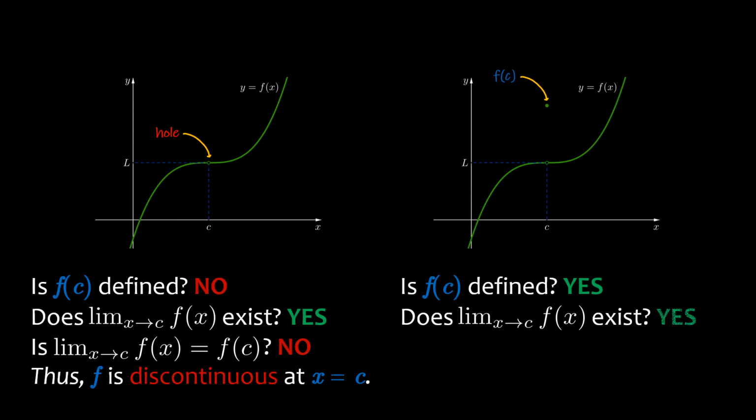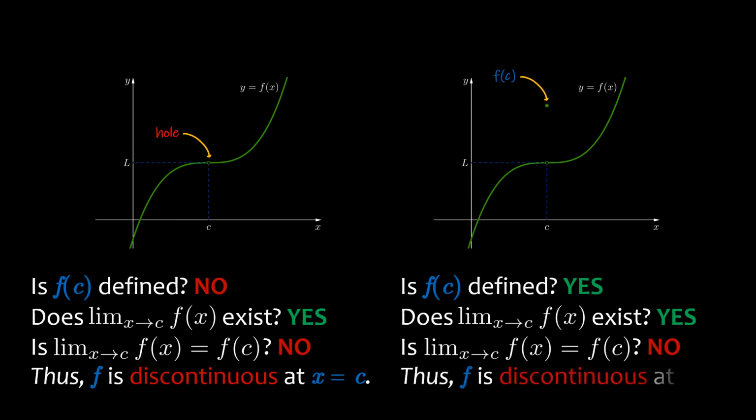Yes. Is the limit equal to f of c? No. Thus, f is discontinuous at x equals c. Because at least one of the conditions has not been satisfied.